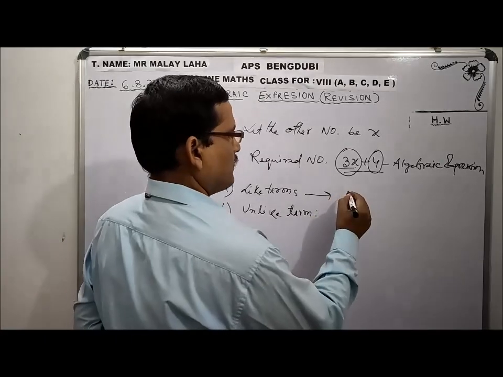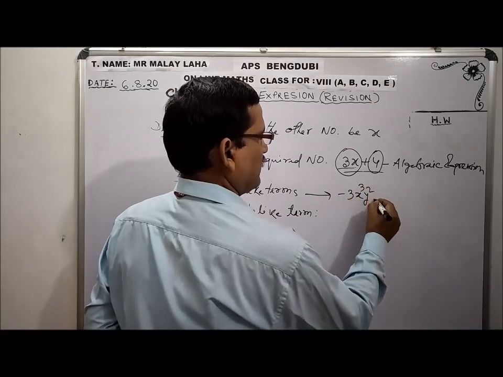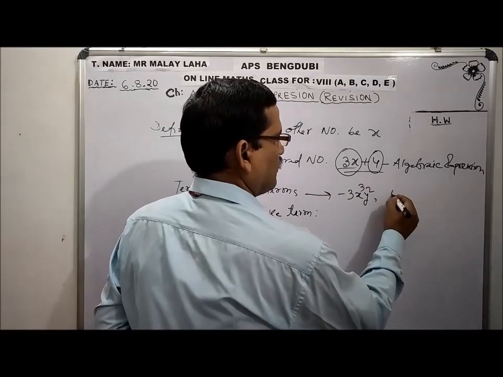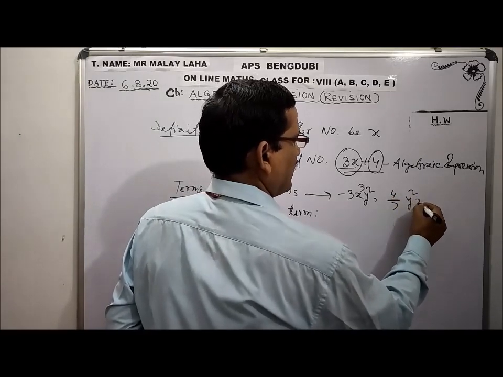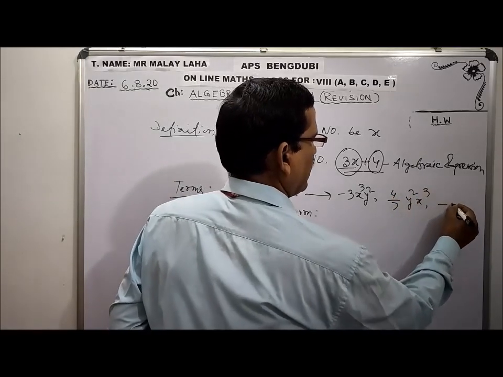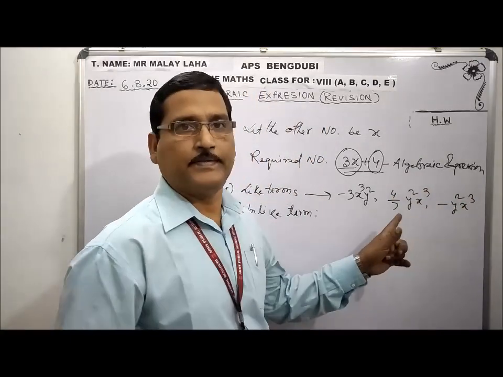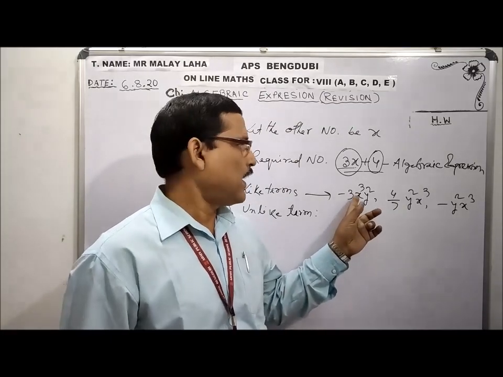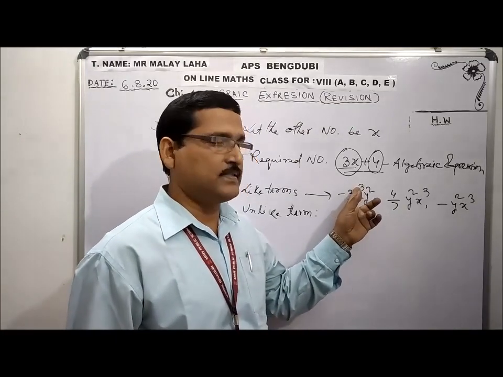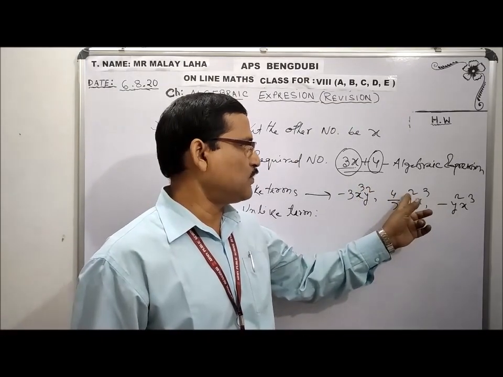You see minus 3x cube y square, 4 by 7 y square x cube, or minus y square x cube. All are like terms, because in all cases x and y literal factors are there, and the power of x is 3 and y is 2.